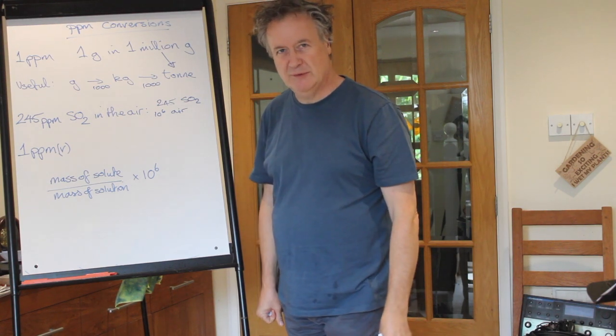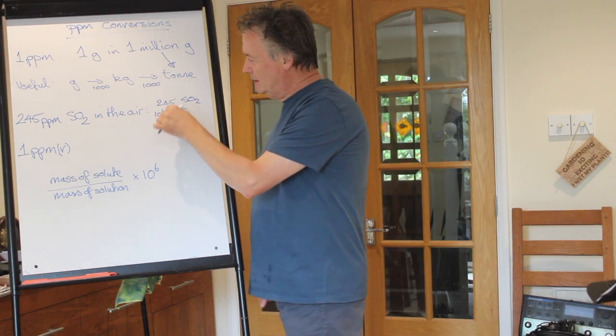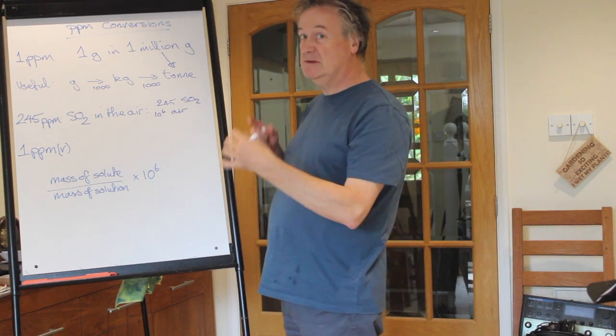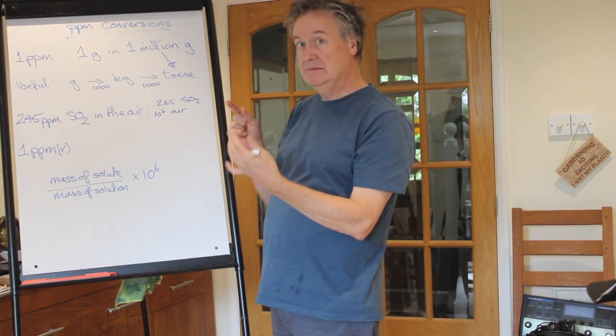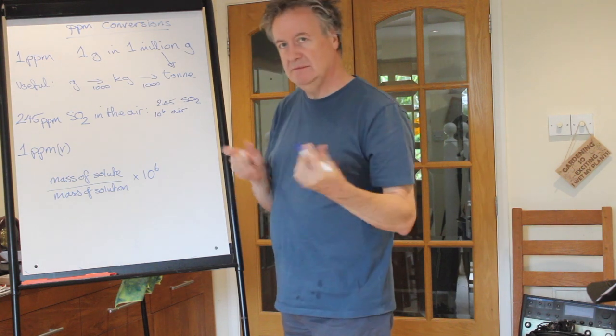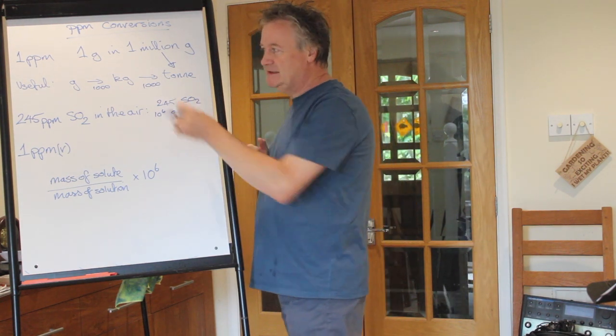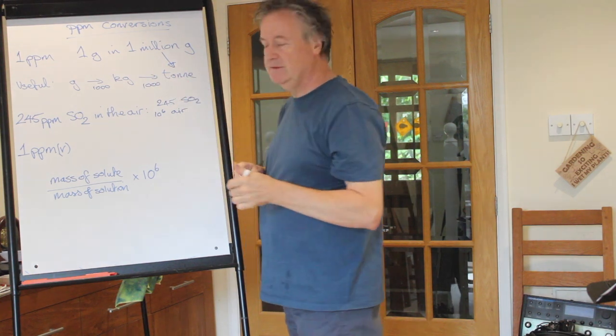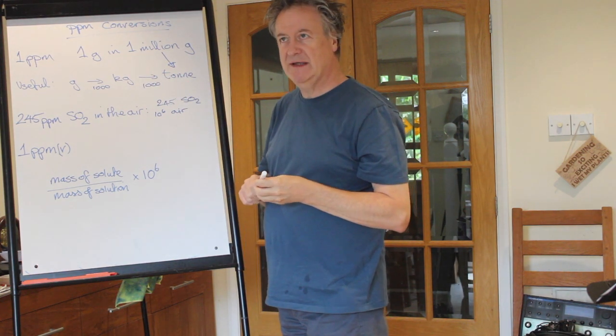So 245 SO2s in 1 million particles of air. Now of course air is not one particular substance, it's a mixture, but that's the concept. So 245 particles of SO2 in 10 to the 6 particles of air.